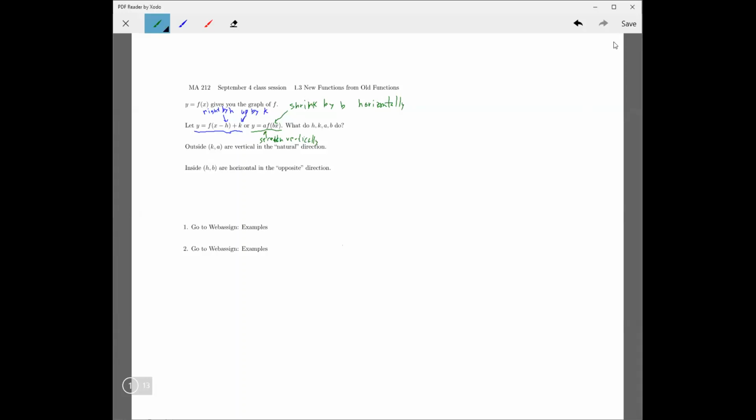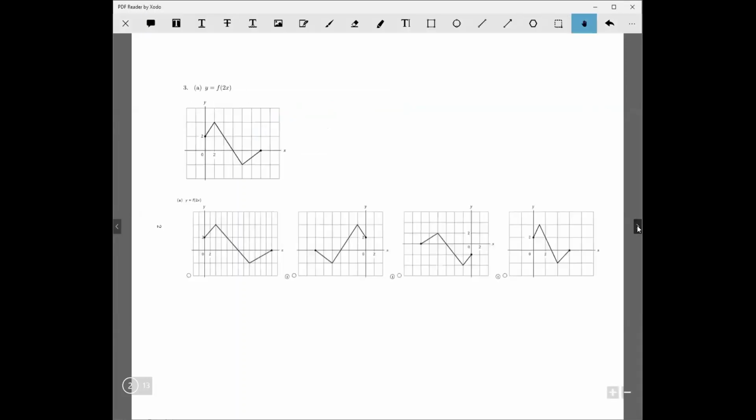Okay, so let's go to number 3. And what we have here is the original graph. And then if we apply, and down here, we're supposed to figure out what's the graph of y equals f of 2x.